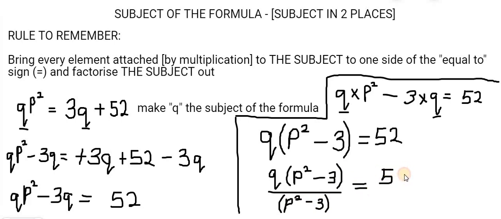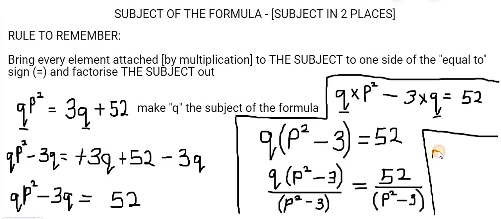So I have 52 over p squared minus 3. Okay? And to finish that off, q is simply equal to 52 over p squared minus 3. You can leave the brackets on or you can take it off.